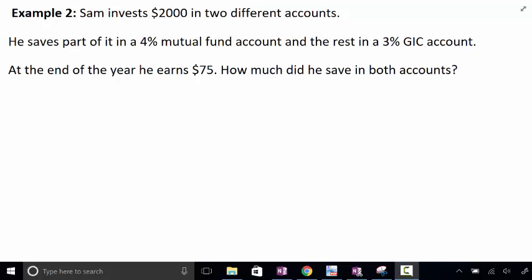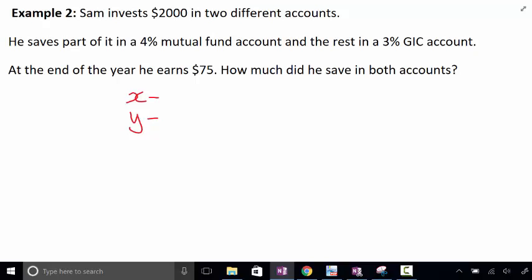Now, let's think about our variables again. What could change in this situation? Let's go. Come on. What could change in this situation? How much he earns?